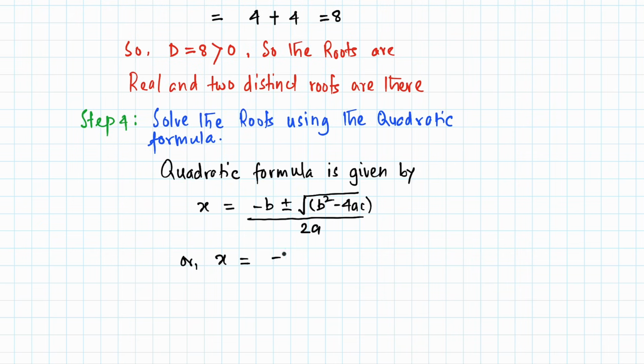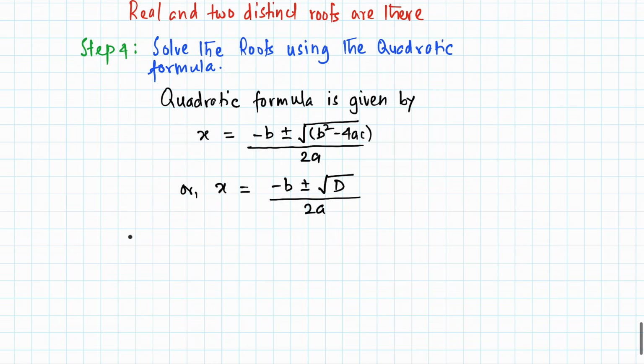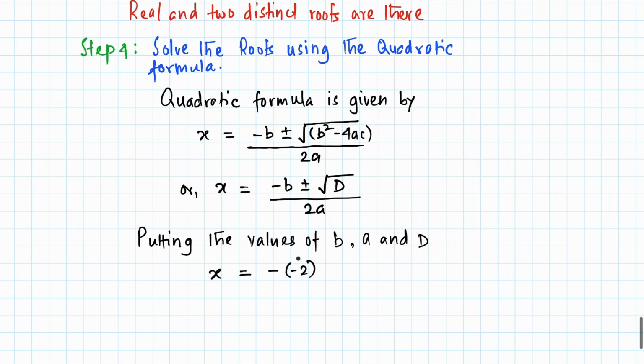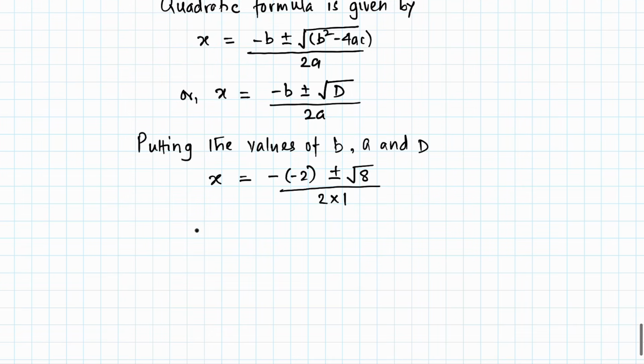Always remember this formula, minus b plus minus root over d by 2a. Instead of b square minus 4ac, we can write d. Now we are putting the values of b, a and d. x is equal to minus of minus 2 plus minus root 8 by 2a, that is 2 into 1, or x equal to plus 2 plus minus root over 8 by 2.